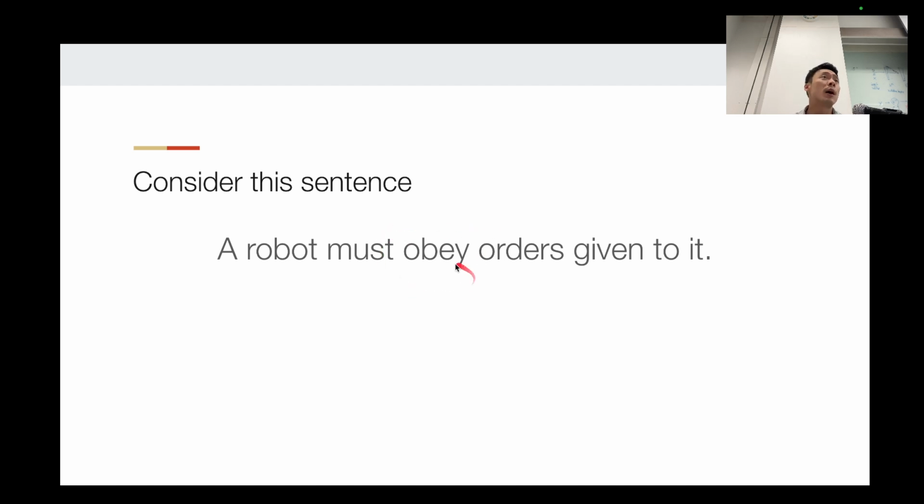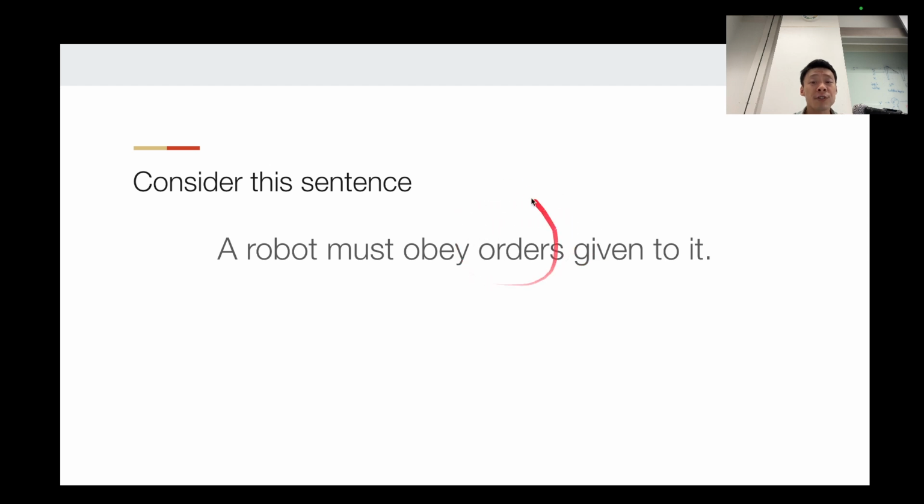And look at the meaning of a verb. A verb is kind of hard to understand alone. To understand the meaning of the verb, you need to know the subject and the object, right? So to understand the word obey, you need to connect together the embeddings of robot, obey, and orders as well.